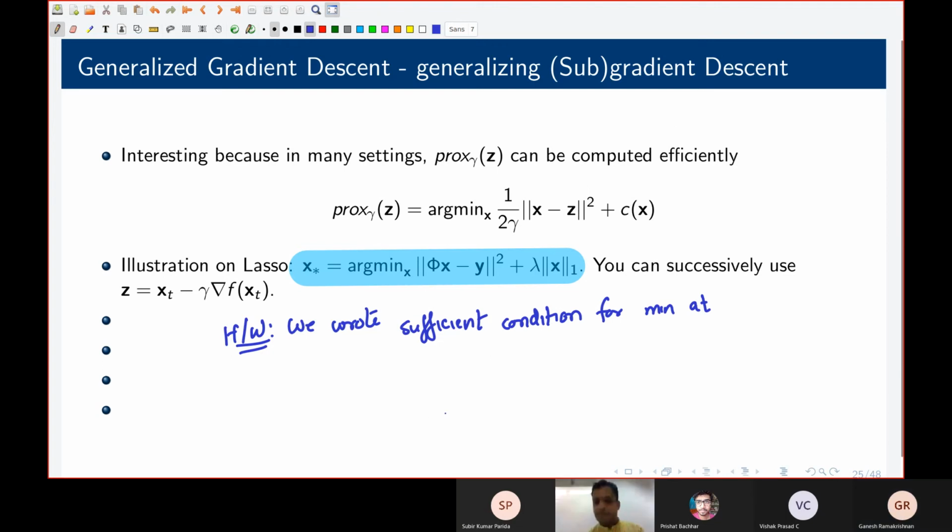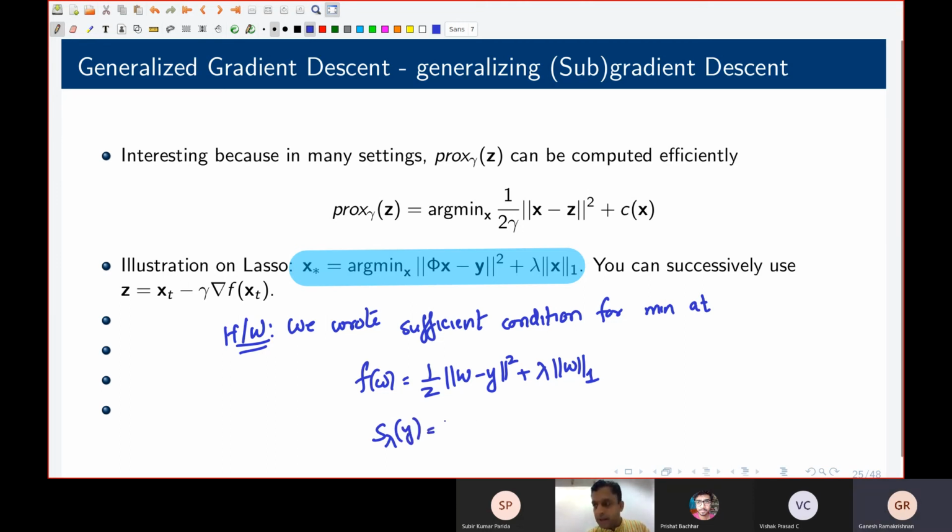Recall, not homework, as past work. f of w is 1/2 norm of w minus y square plus lambda 1 norm of w, right? We had written these steps. And we had this soft thresholding operator, you remember?